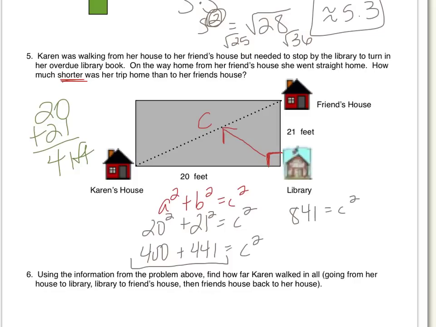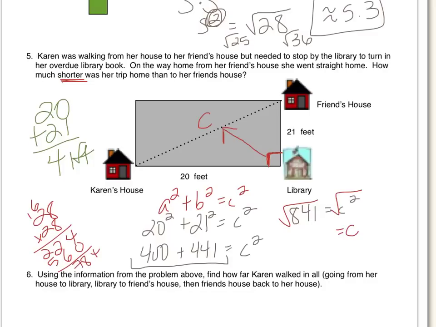But I don't really want to know c squared, I want to know c, so I have to do the square root of both sides. So in this case, sorry, I don't know any of these off the top of my head, so I try 28 times 28, let's see, 784, so it's a little too small.